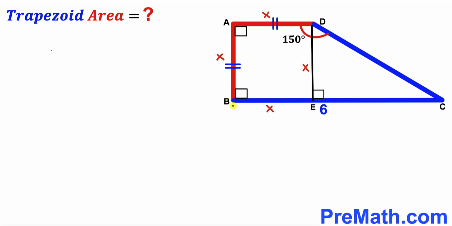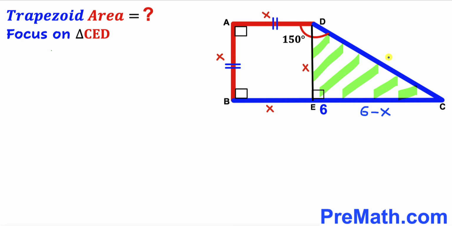Now let's make an observation. We know that this whole BC length is 6 and BE length is x. So this EC length is going to be 6 minus x. Now we are going to focus on this right triangle CED.